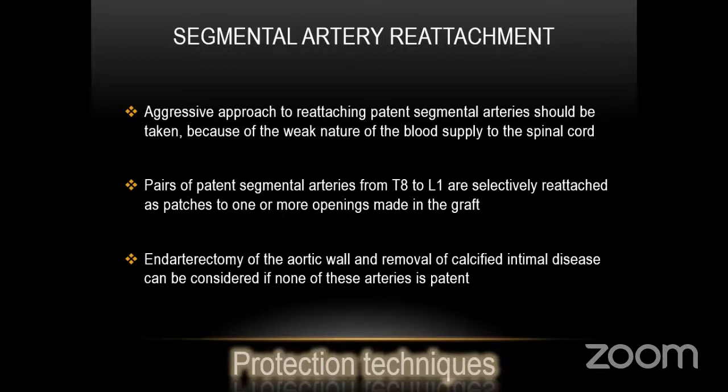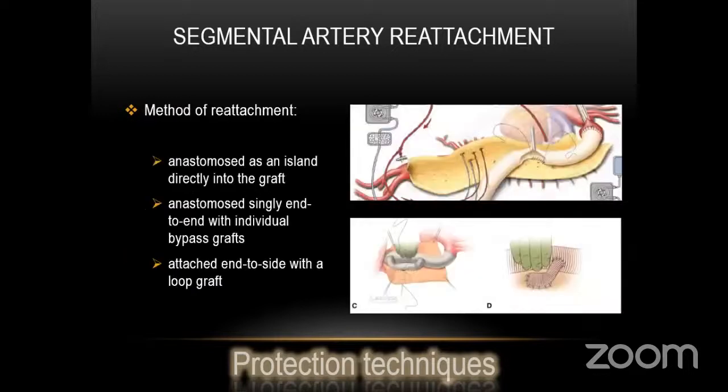An arterectomy of the aortic wall and removal of calcified intimal disease can be considered if none of these segmental arteries are patent. For reattachment, we usually have different approaches. Either we anastomose the segmental artery pairs as an island to an opening in the graft.